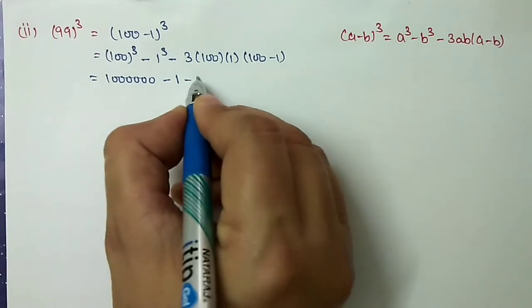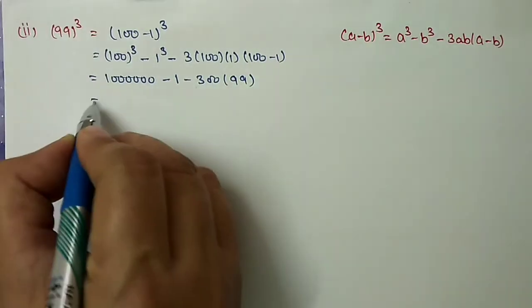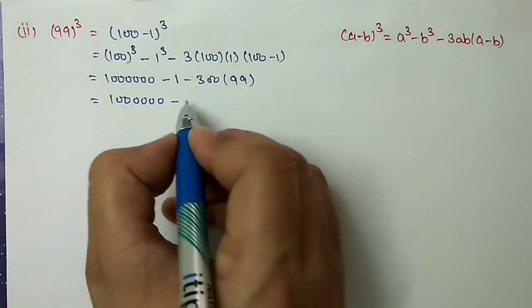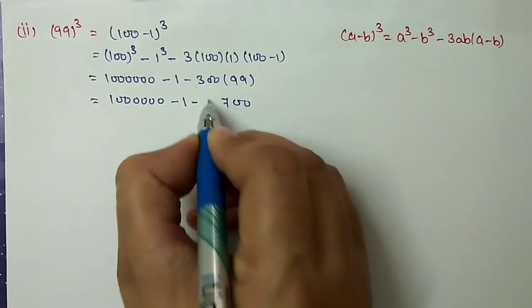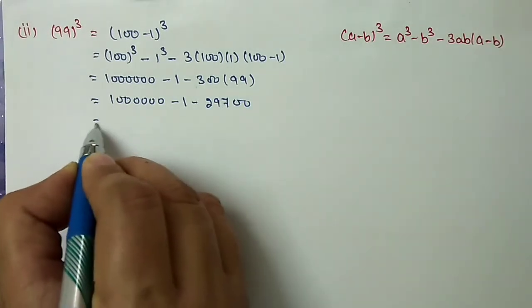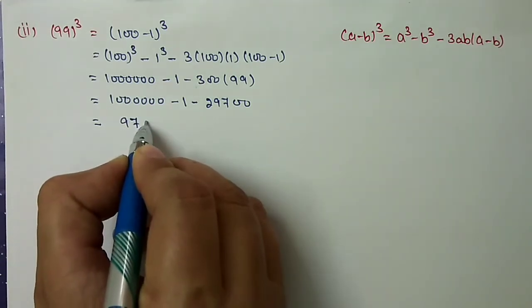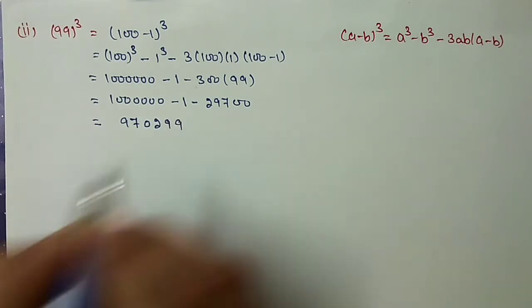Minus 1 minus 300 into 99. You can multiply it and then simplify it. After simplification you will get 970299.